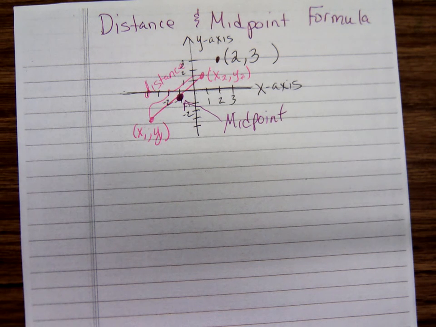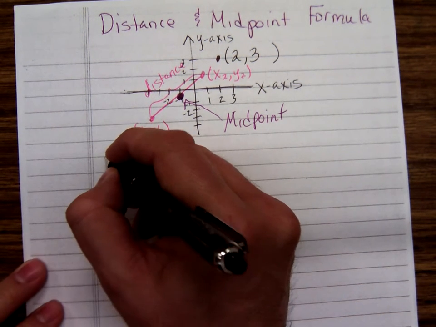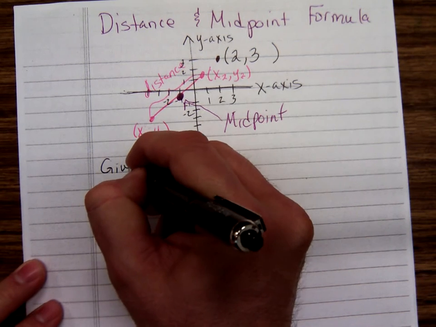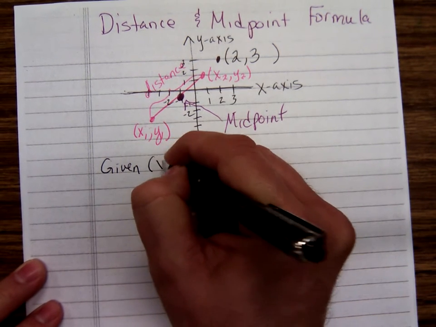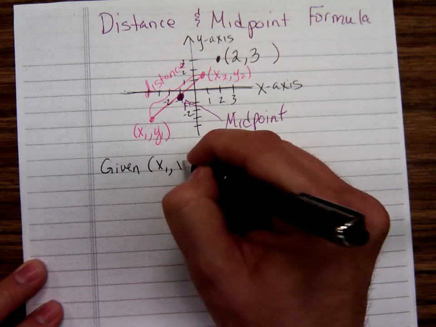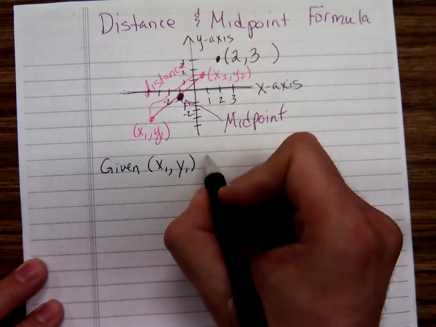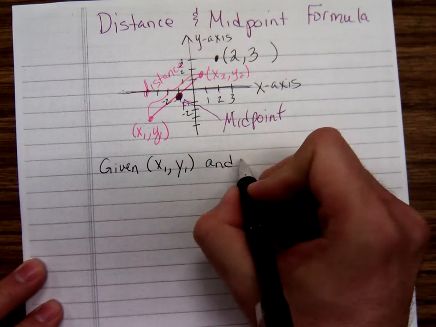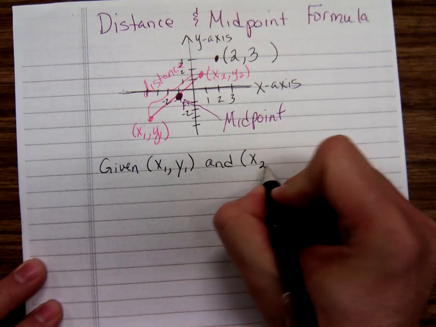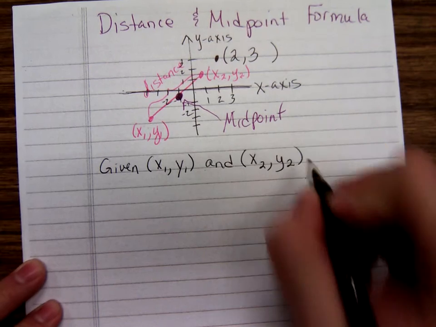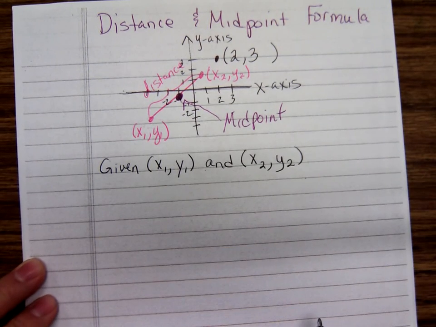So here they go. Let's suppose we have 2 ordered pairs, and I'm calling those ordered pairs x subscript 1, y subscript 1, meaning just there's the first ordered pair, and here's the second, x subscript 2, comma, y subscript 2.